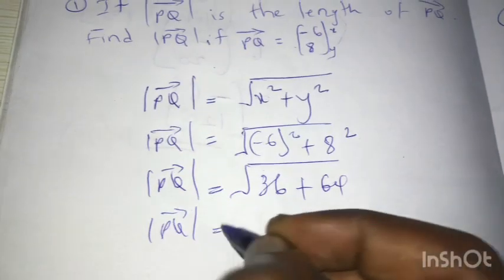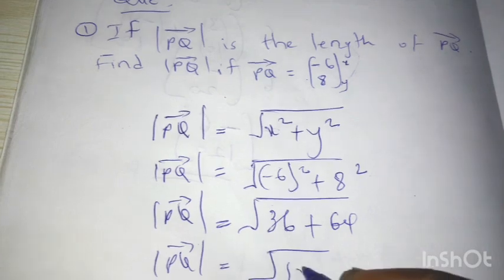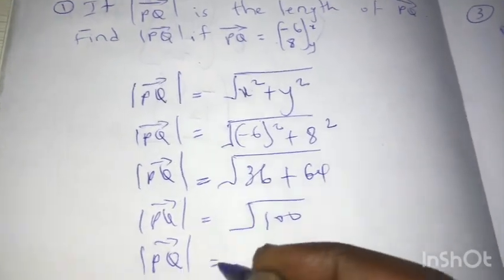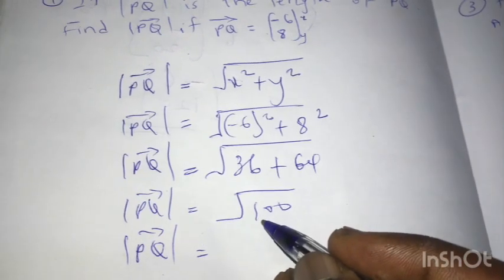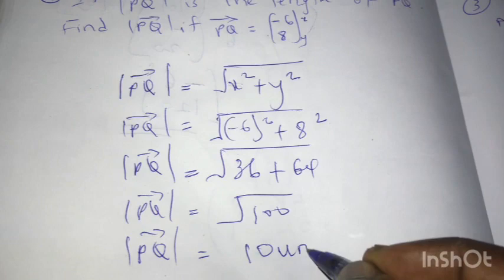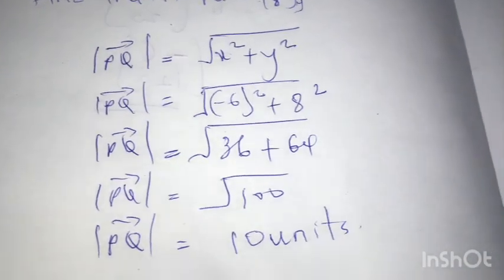So the square root of 36 plus 64 is 100. The length of PQ is the square root of 100, and that's 10. Because there is no unit here, you add 10 units, and this is your answer. Let's move to the next question.